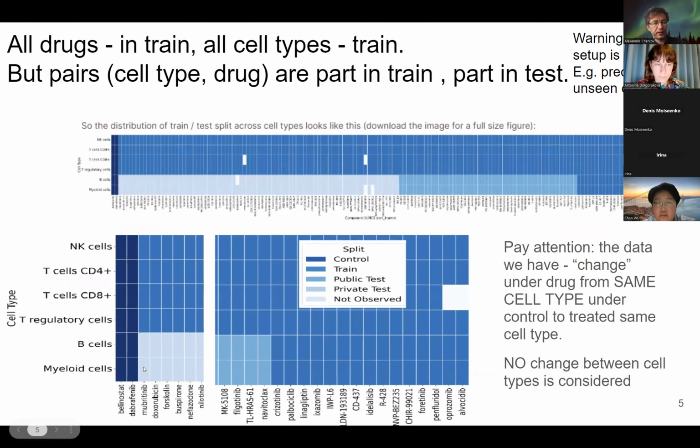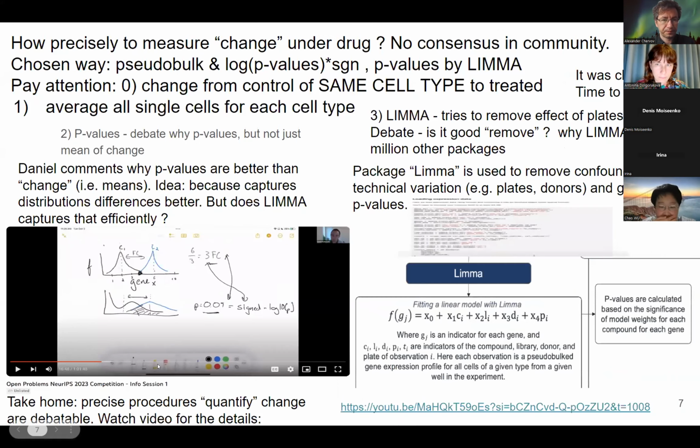And then you calculate for the effect of the drug, and you compare the difference between the negative control for this particular cell type and the effect of the drug on this particular cell type. So we never make a comparison between different cell types in this task. That's one of the points which should be clear.